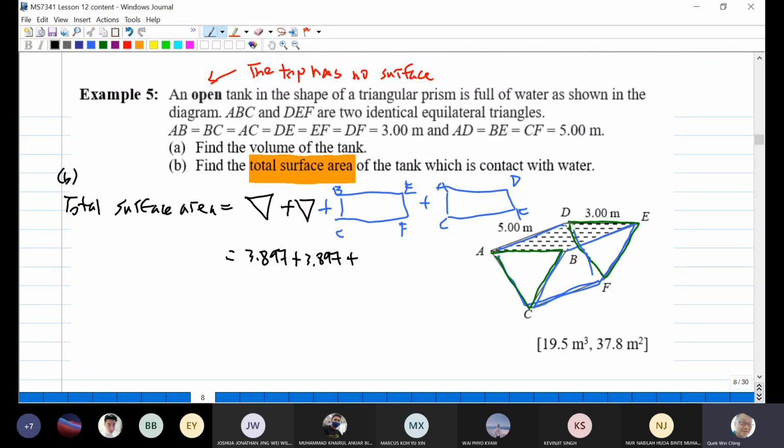Okay, then how about the area of the two rectangles? We know one of them is 3 by 5, right? So this is actually 3 times 5 plus another 3 times 5.